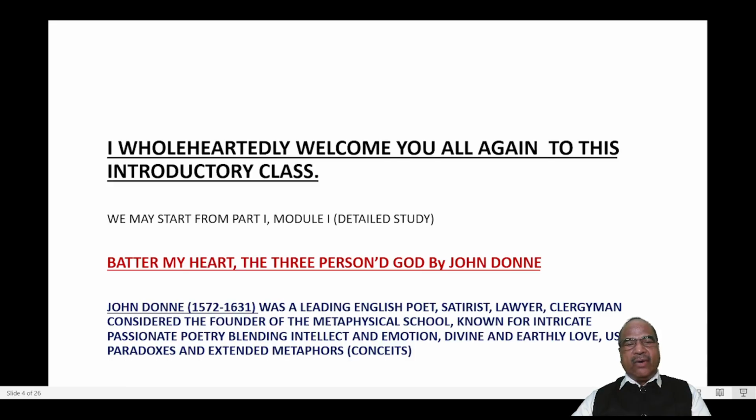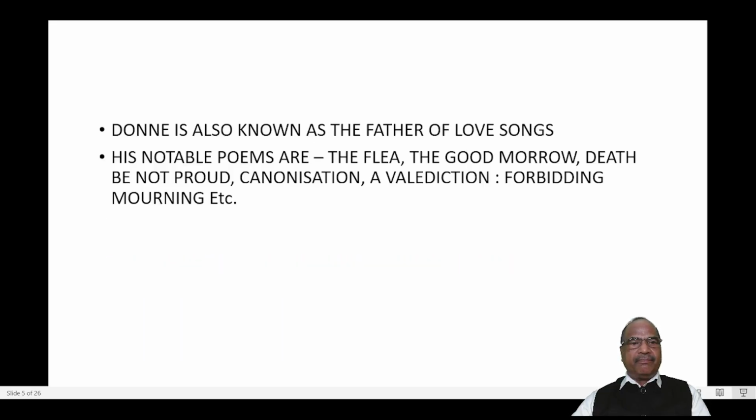Normally when love is compared with the rose flower, in this case love will be compared with a mathematical instrument like the compass. So you please have an idea about what is meant by conceits in the context of metaphysical poets.